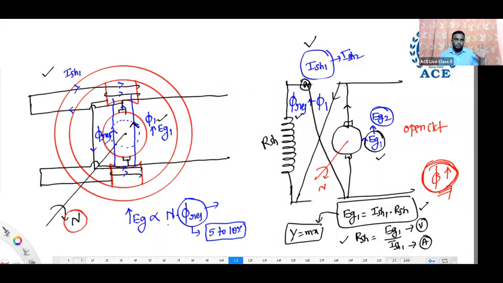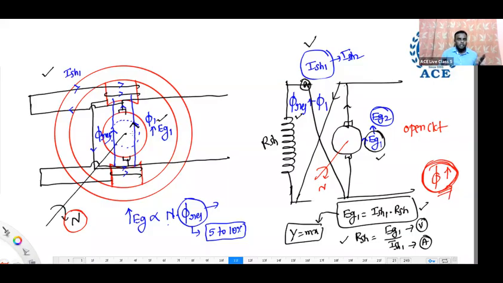This is the current previously. Now applying the right hand thumb rule, flux phi1 comes in the upward direction, same as residual flux. Suppose according to wrong connection the field current is reversed. Now flux phi1 will come in the downward direction. Whenever flux phi1 is opposite to residual, what is the resultant flux?